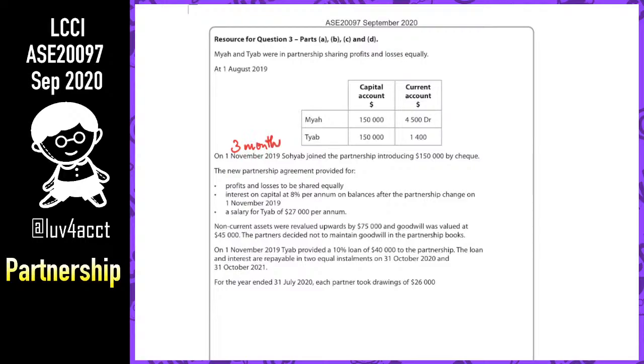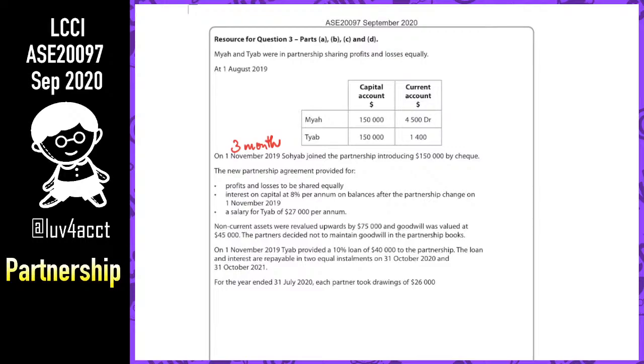This is very important. Someone joined the partnership, introducing 150,000 by cheque. The new partnership agreement provided that the profit and losses continue to be shared equally, but this time among 3 partners. Interest on capital is 8% on balances after the partnership change on the 1st of November.